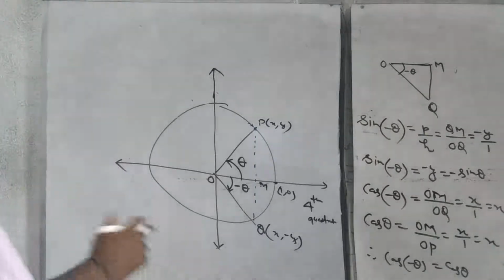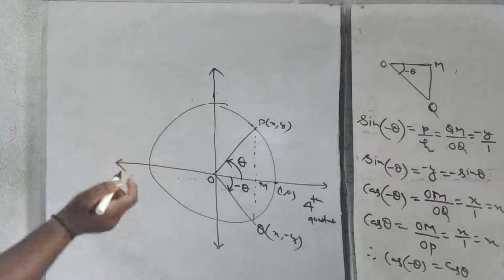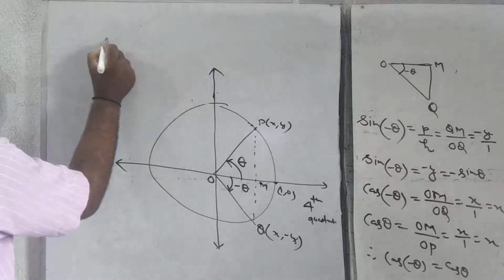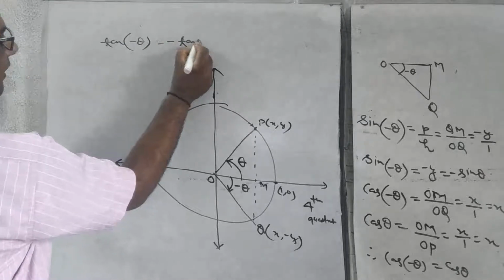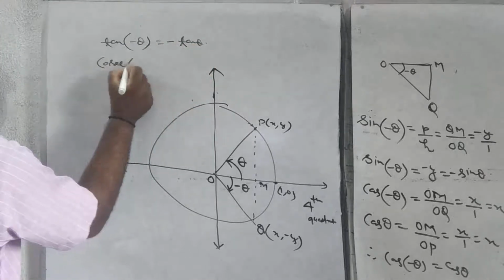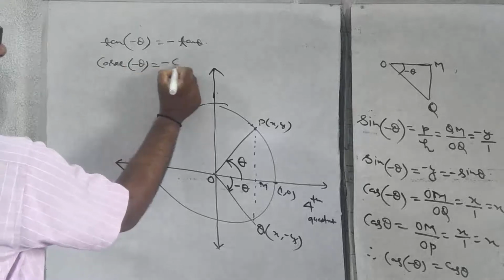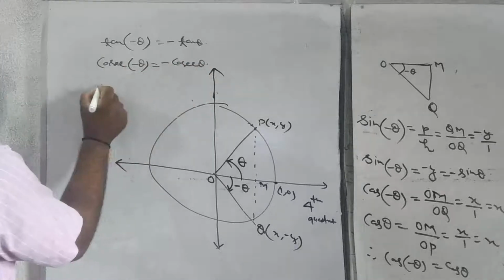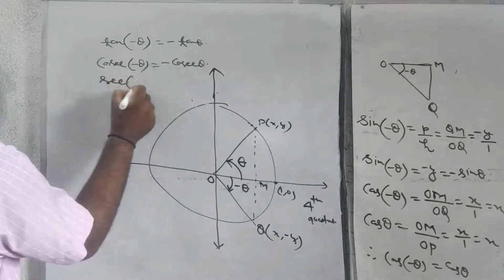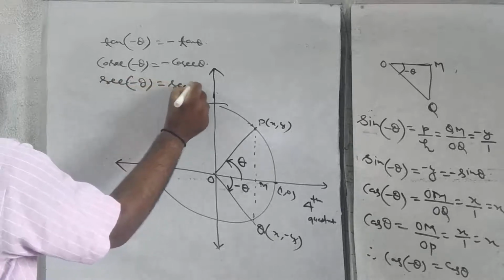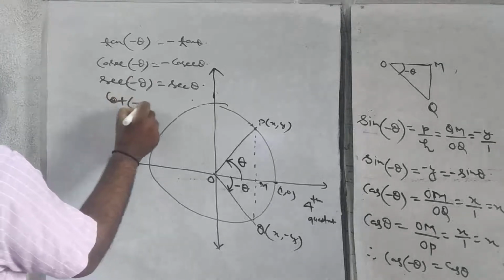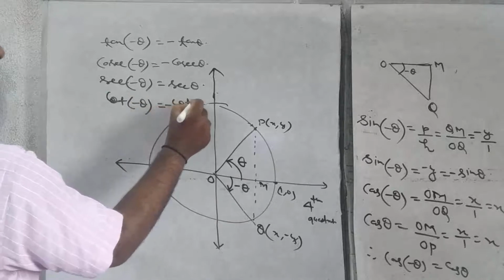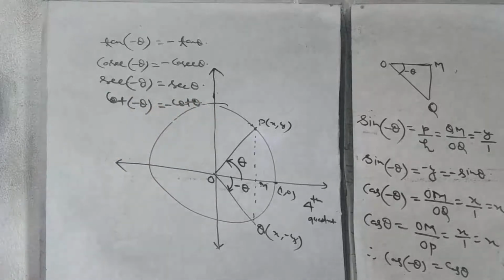Likewise, you can calculate that tan minus theta is equal to minus tan theta, cosec minus theta is equal to minus cosec theta, sec minus theta is equal to sec theta, and cot minus theta is equal to minus cot theta.